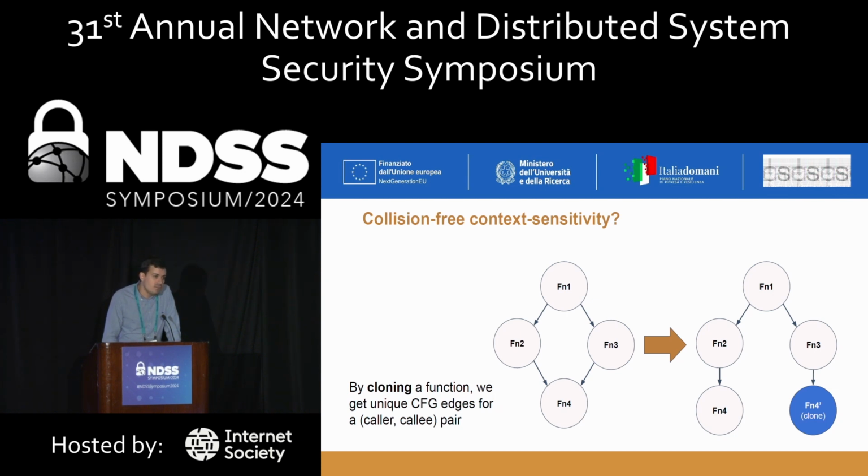Now, function 4 and the clone will have distinct edge identifiers, but they also carry some implicit context information because there is only one path that you can use to reach those functions. So you combine this with collision-free edge coverage, and you have an implicit context-sensitive feedback.